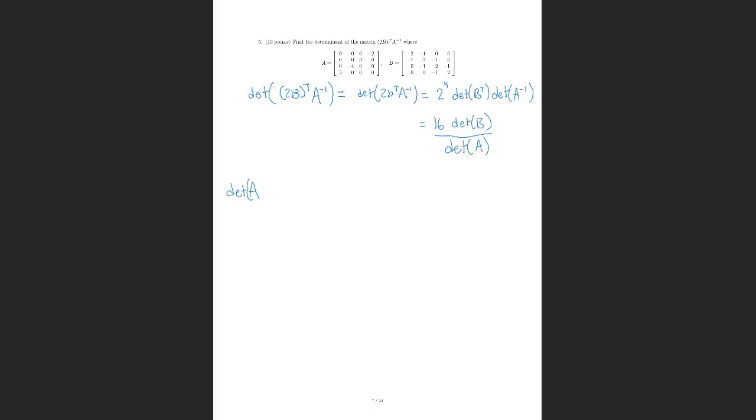So let's say if I want the determinant of A first, let's just do cofactor expansion along the first row. So all we really have is minus -2.